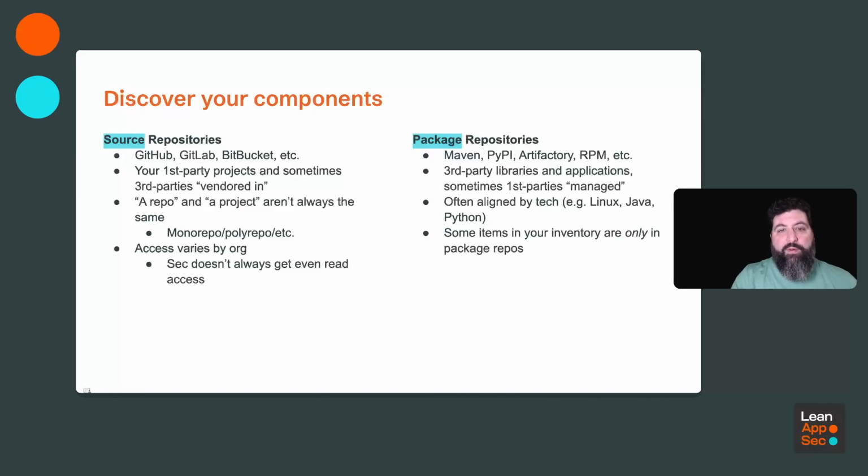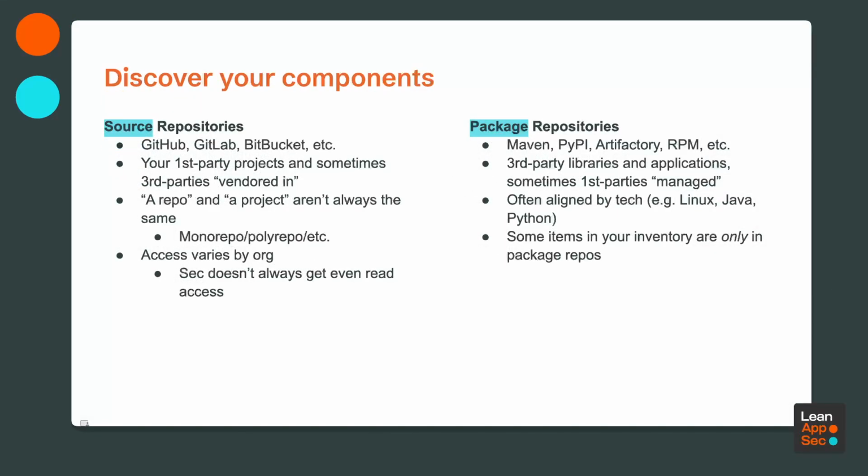A source repository like GitHub or GitLab is a place where you're storing the source code for the first-party software that you're writing. And occasionally, some third-party software will also be in your source repository. But this is primarily storing source code. Now, source repositories have advanced quite a bit, so sometimes the line between source and package can be a little bit blurred.